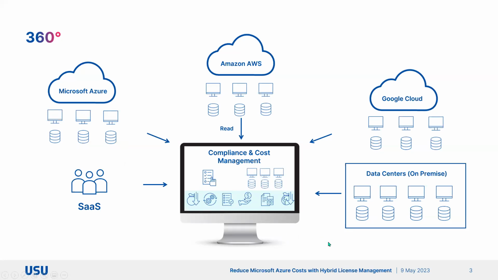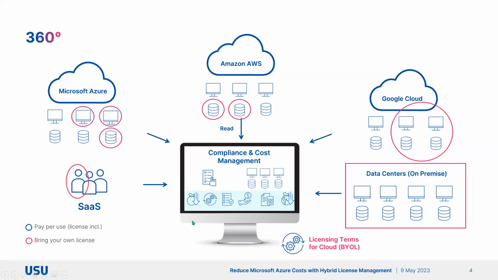So the big question is, which databases do we have? Which compute VMs do we have? Which containers do we have? And which software is running on these workloads? Plus the important question, which licensing model is used. And if I say licensing model, I mean bring your own license, well known, versus pay-per-use.